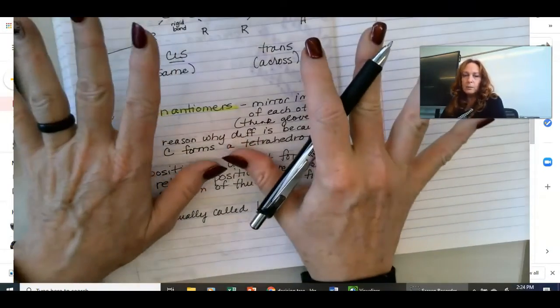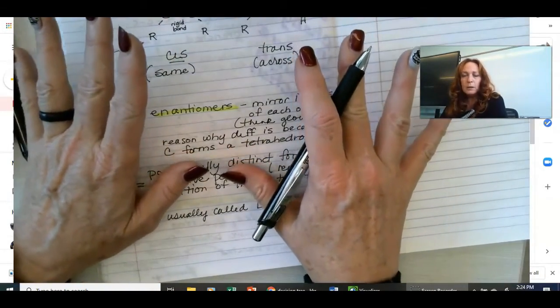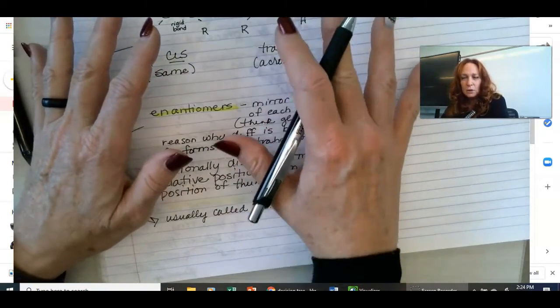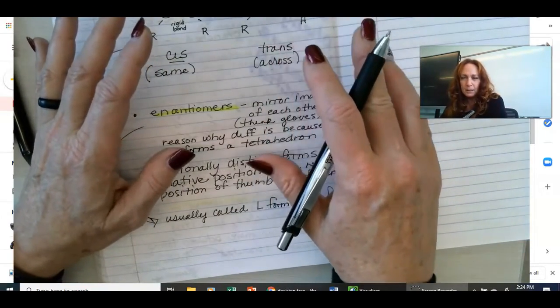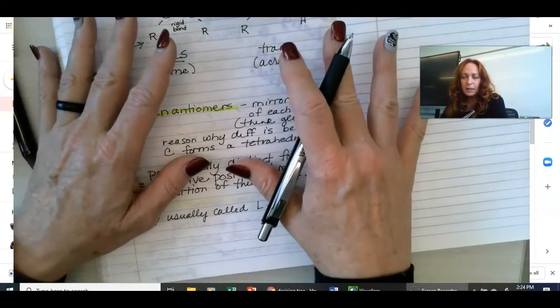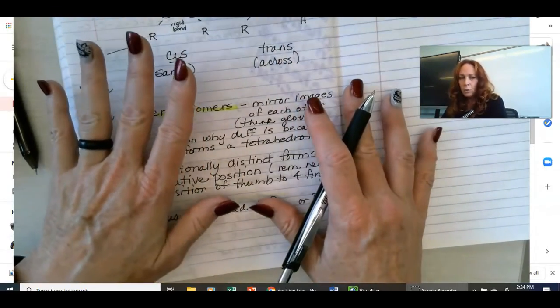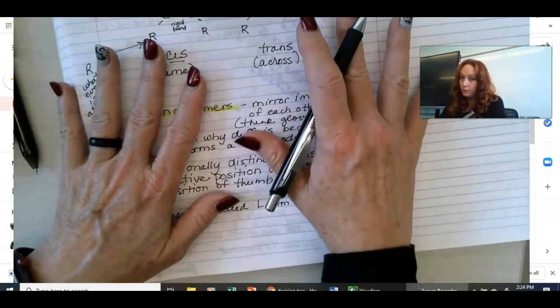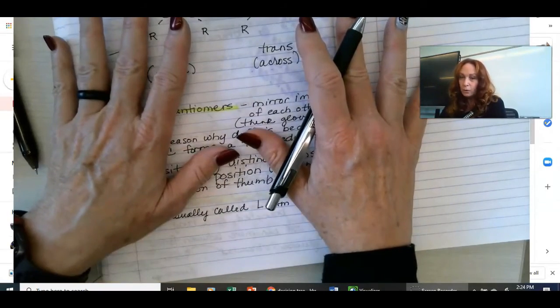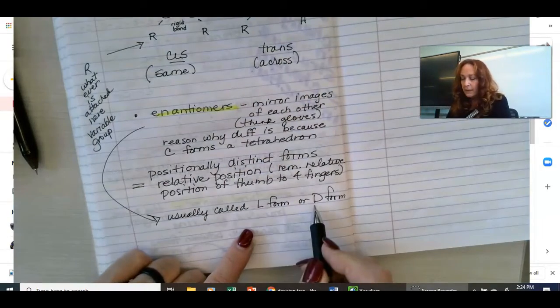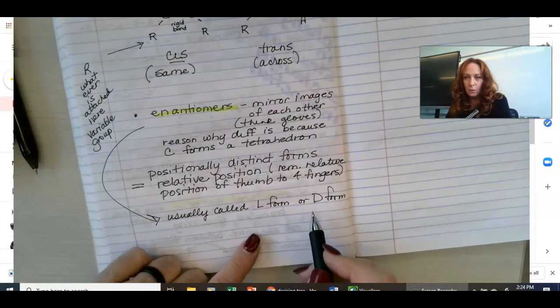Because they're mirror images of each other, the molecules have to fit into an enzyme pocket, into the active site. And just like what my right hand would fit into, my left hand will not. One of these forms will fit and the other one will not.